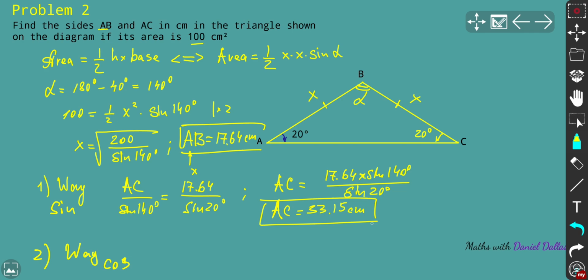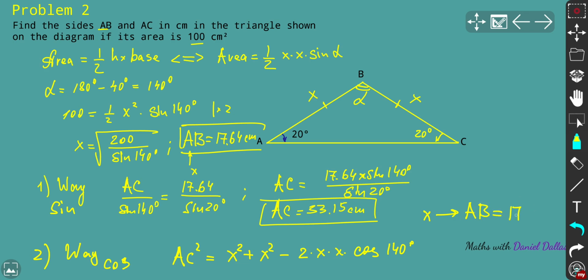AC is the side that you're looking for. So AC squared is x squared plus x squared minus 2x times x times cos of the angle alpha, which is 140. That's how the cosine rule works. Instead of x, you plug in your value for AB, remembering it has the value 17.64.